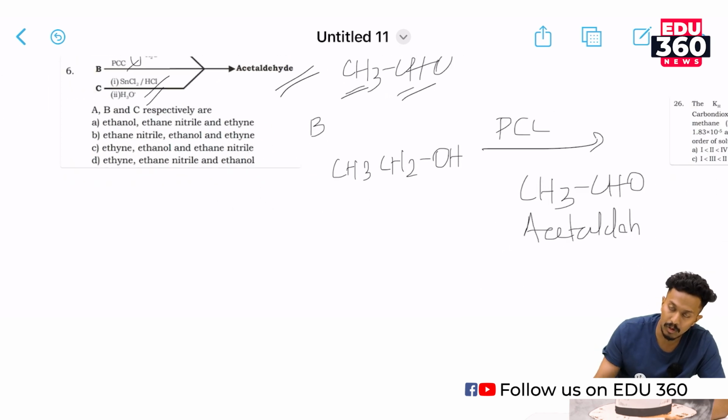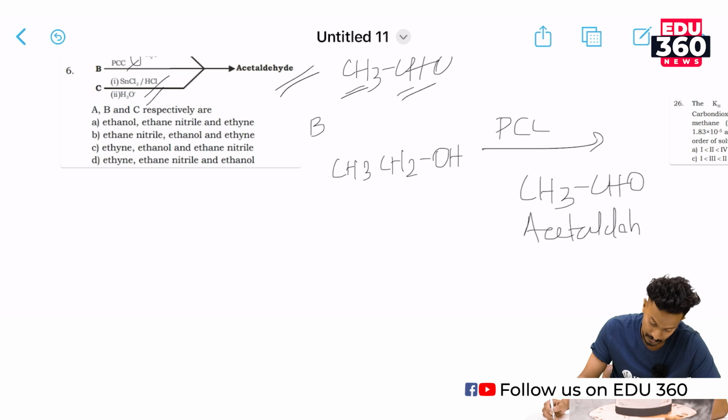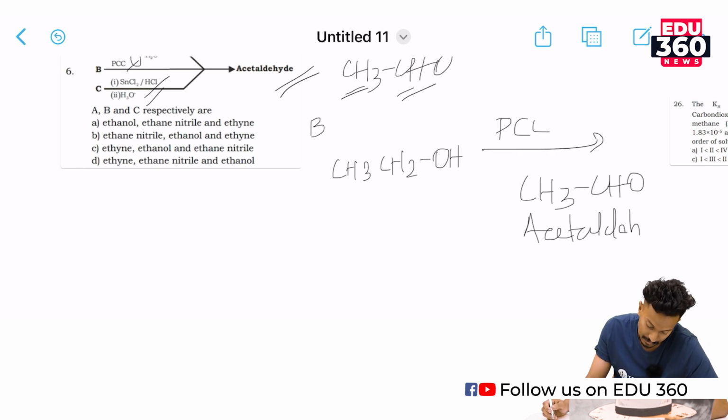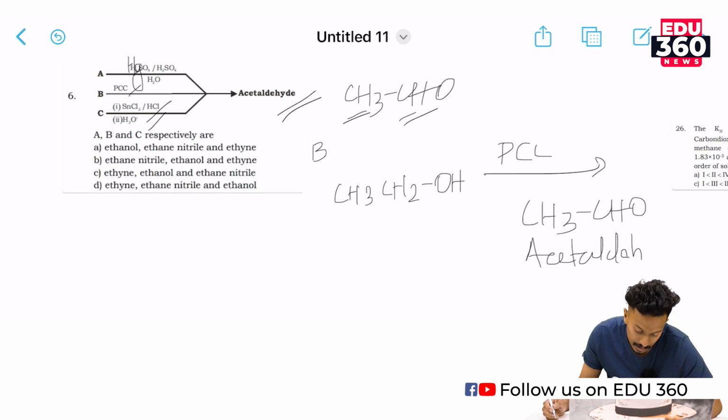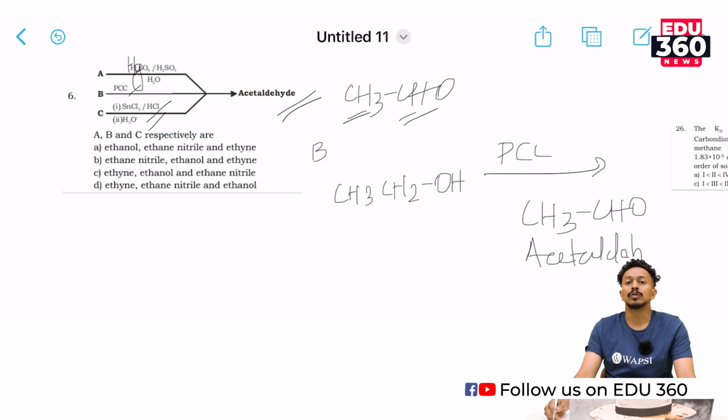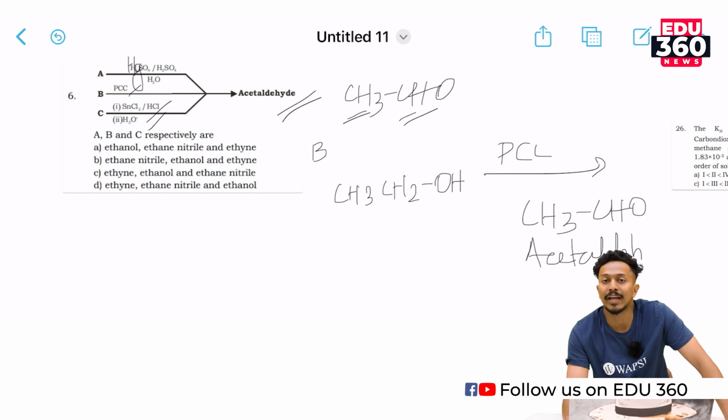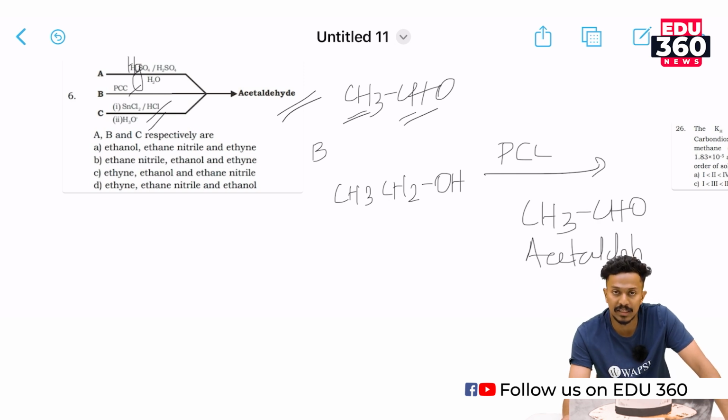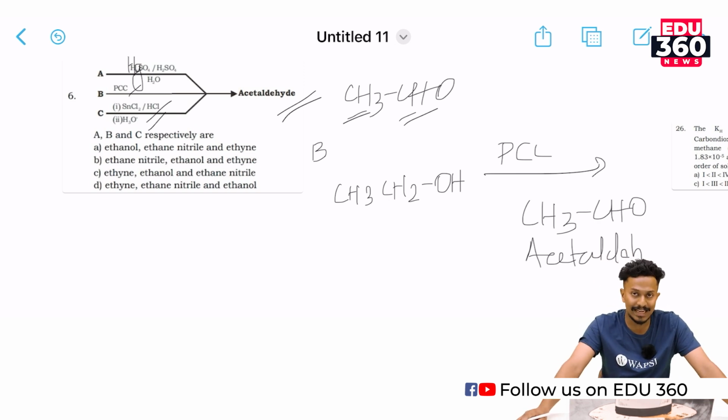Are you familiar with this one? Oxidation of an alcohol. And we'll look at A. HgSO4 and H2SO4 is actually acidic hydrolysis of a triple bond. We have studied in the organic chapter on aldehydes, ketones and carboxylic acids, in the preparation of aldehydes, that when an alkyne is treated with mercuric sulfate and sulfuric acid, we get a carbonyl compound.